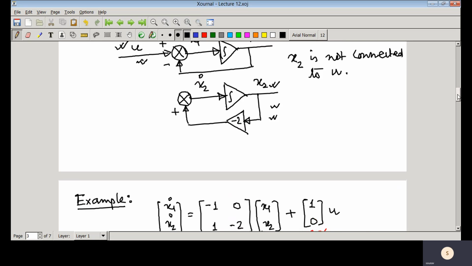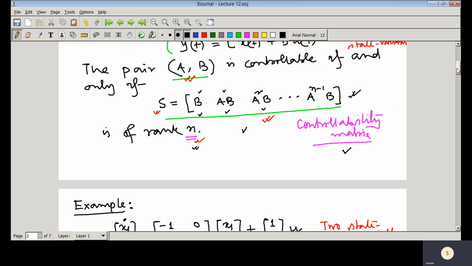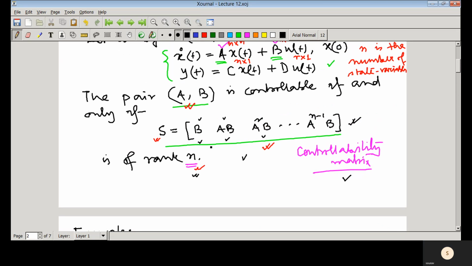You may ask how many terms you will be taking here. It is B, AB, A squared B, and so on, up to A to the power n minus 1 times B. As here n equal to 2, we take only the first two terms.